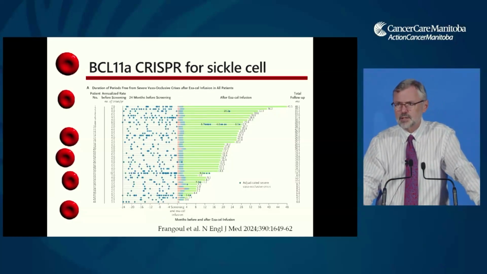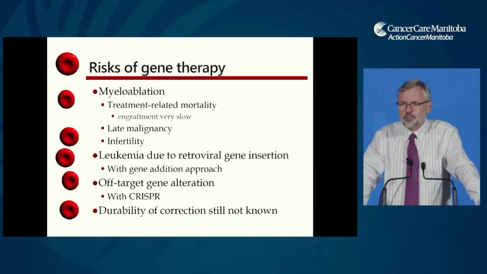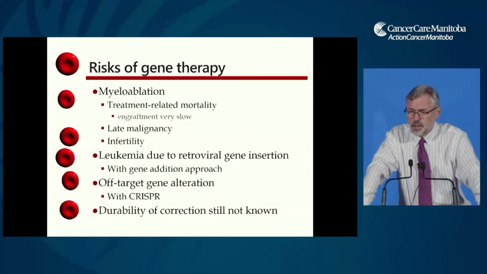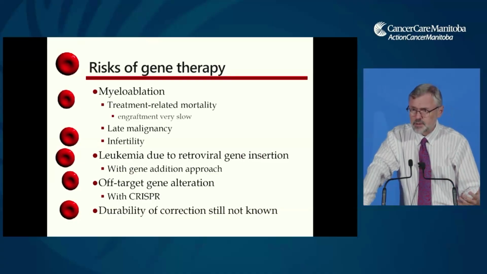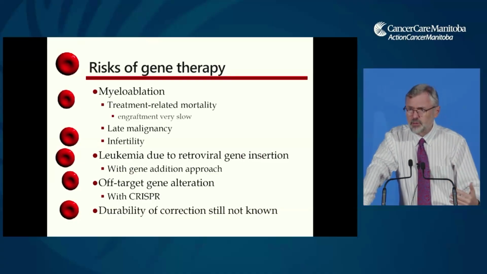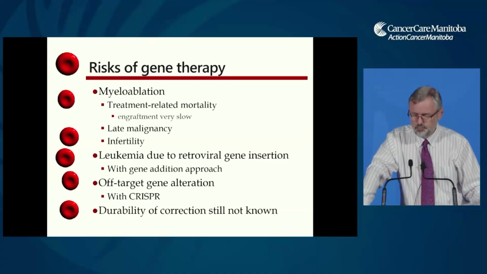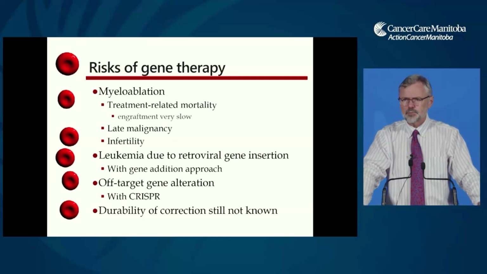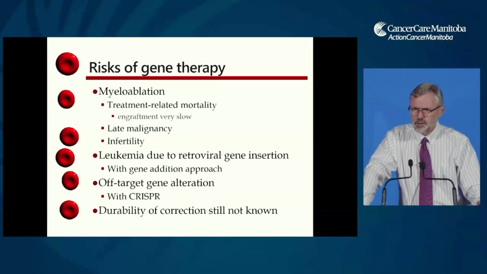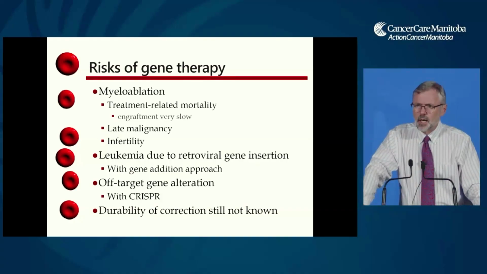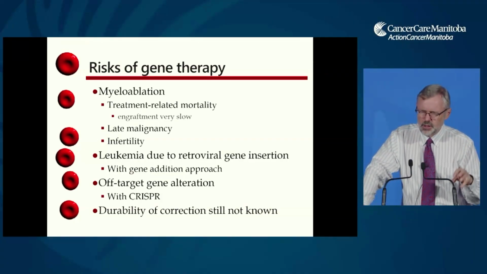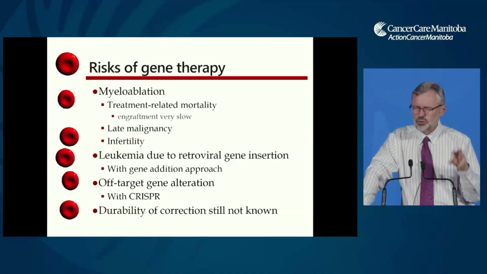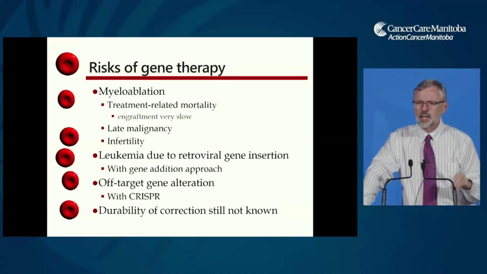It is very exciting. But it's risky, and it's risky because you have to give this ablative step with a very intensive high-dose busulfan to clear out the bone marrow, and there's a risk of infertility and latent malignancy. Anytime you're monkeying with the genome, there's always a concern that you're going to break something else.